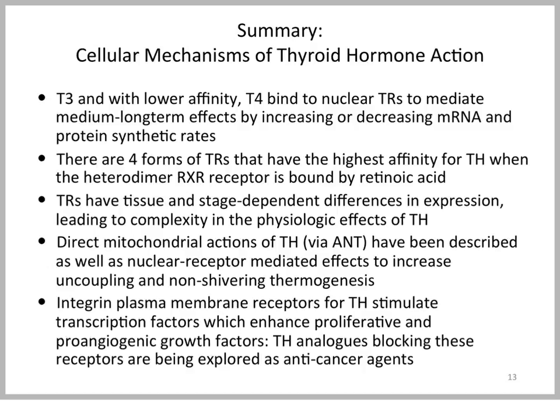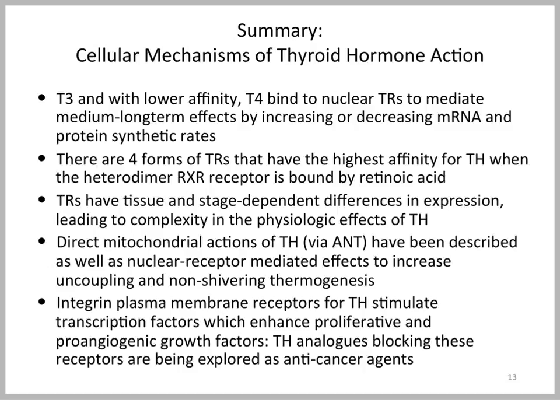The thyroid hormone receptors have tissue and stage-dependent differences in expression, leading to the complexity of the response of physiological effects of thyroid hormone. The mitochondrial effects, thyroid hormone via the adenine nucleotide translocase and uncoupling proteins have been described, as well as nuclear-mediated effects that increase uncoupling and non-shivering thermogenesis.